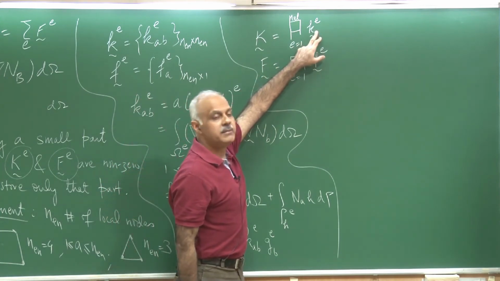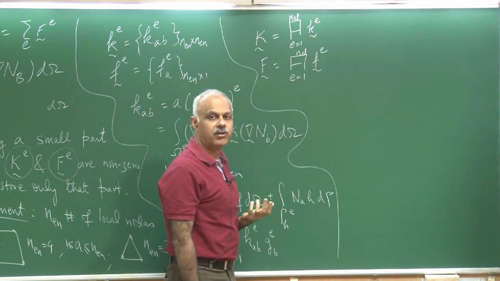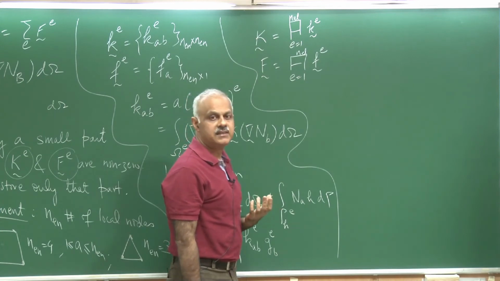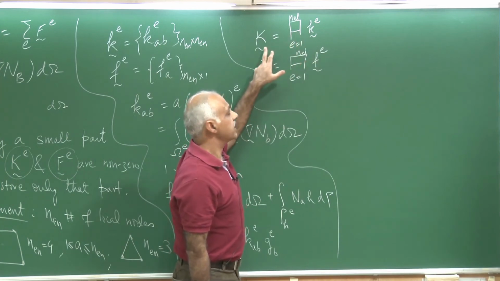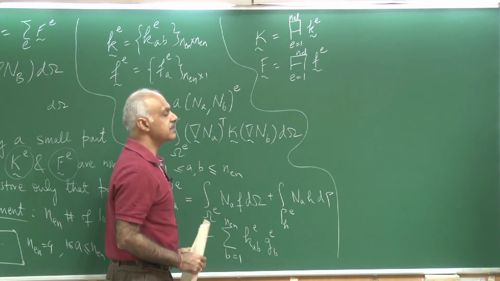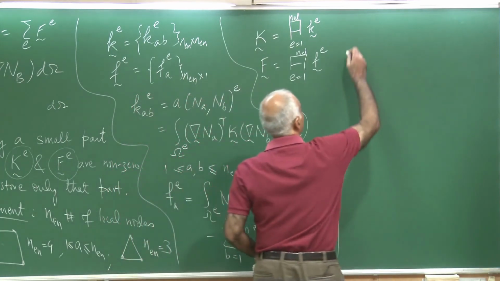These are element level matrices whose sizes depend on NEN, the number of local nodes per element. And now for each element I have to figure out where those entries go into the big K. So for that we had come up with some arrays, some data structures. Let me review that for you.